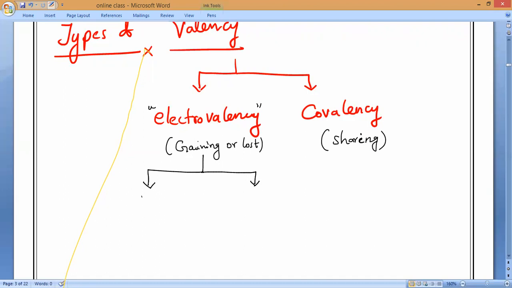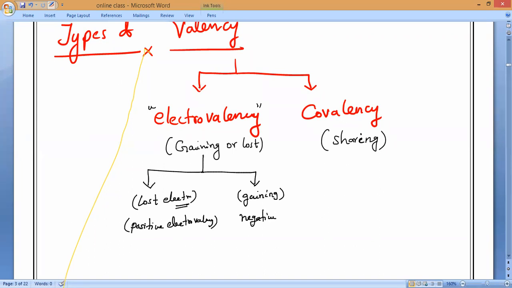If it loses electrons, then we call it positive electrovalency, because by losing electrons the atom turns positive. In the same way, by gaining or receiving electrons, it turns negative.